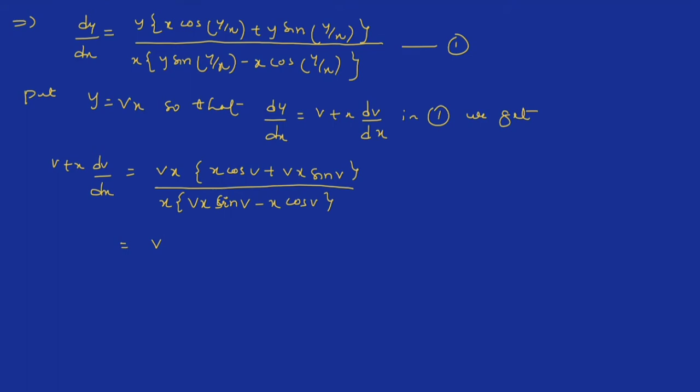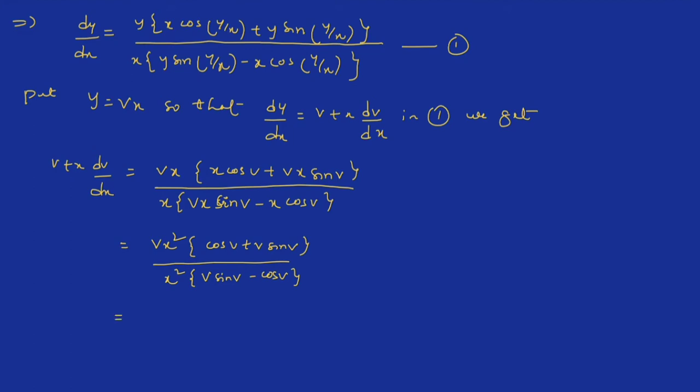Which is equal to v as it is. Take x common from these two terms in the numerator: x is there outside, one more x means it becomes x square, and inside we get cos v plus v sin v. In the denominator also take x common, it becomes x square, inside the bracket v sin v minus cos v.